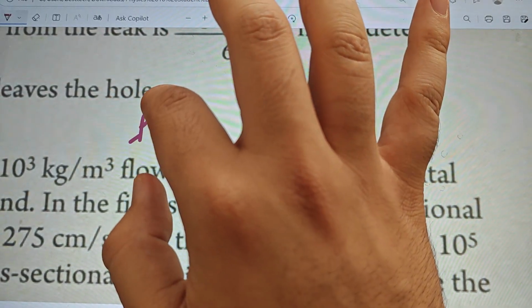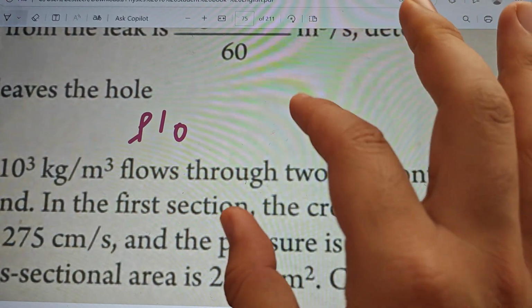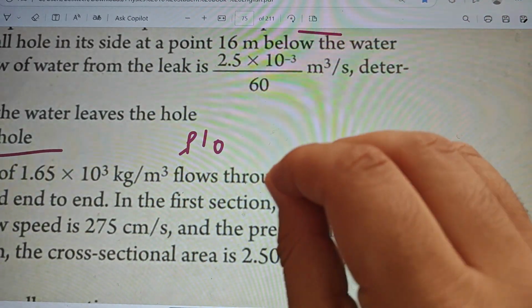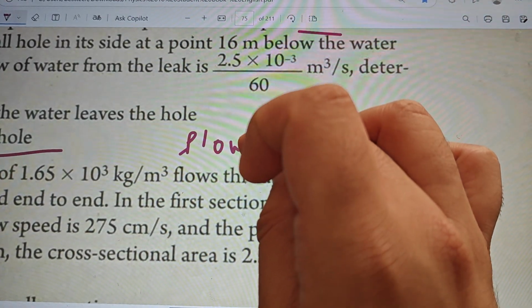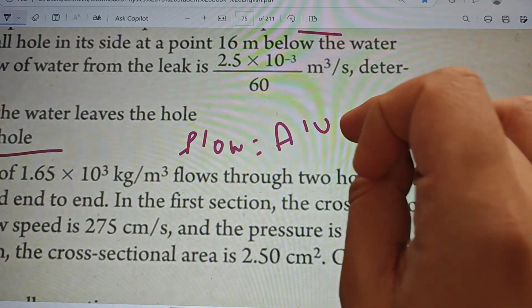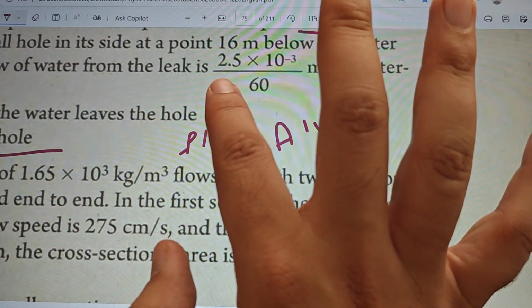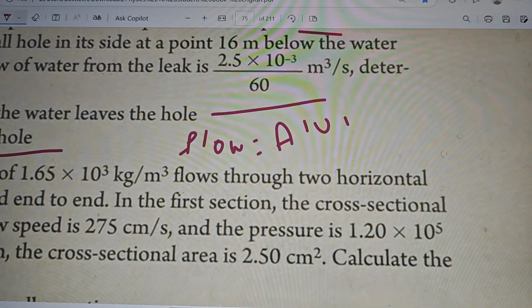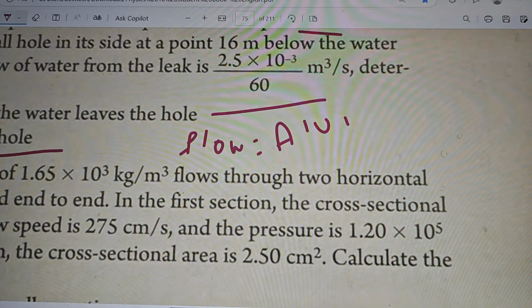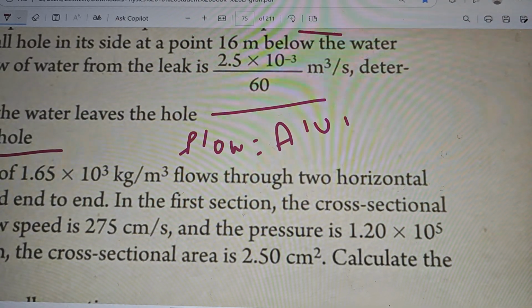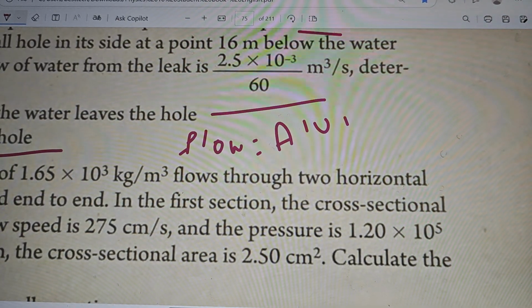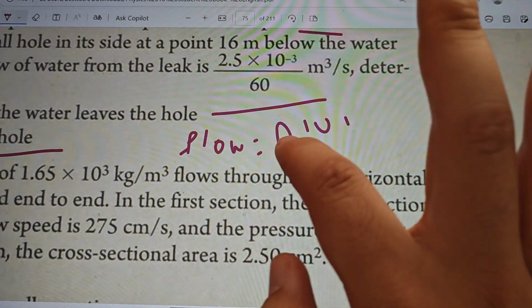Flow rate equals A1 times V1. So we have the flow rate equation. This is the value of the flow rate: 2.5 times 10 to the power negative 3 over 16. In this question, first go to find the area.